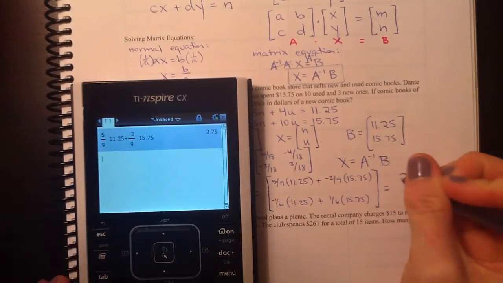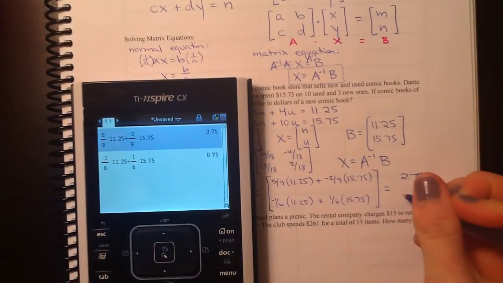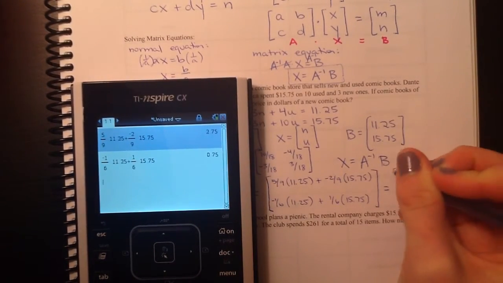Okay, so that is 2.75 for the first value. Next value, -1/6 times 11.25 plus +1/6 times 15.75. So this gives me 75 cents.